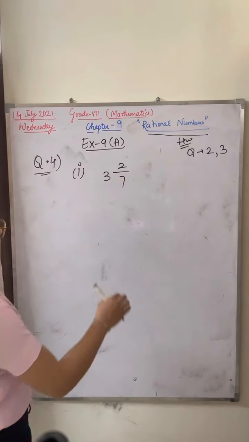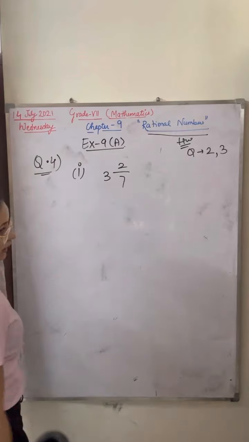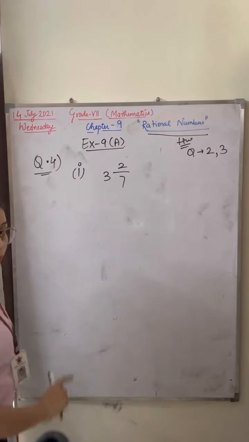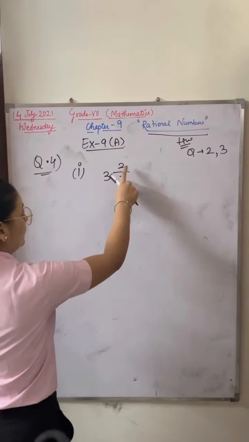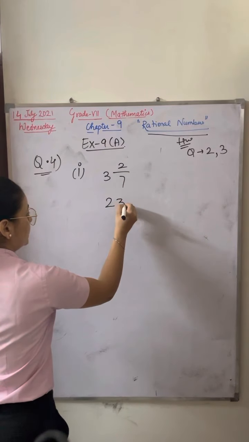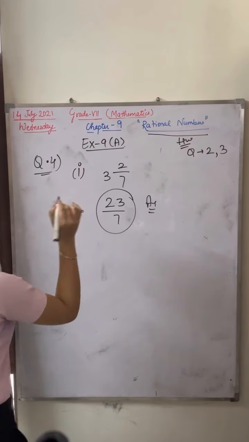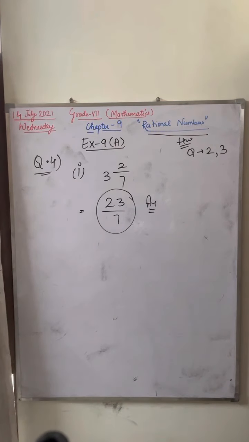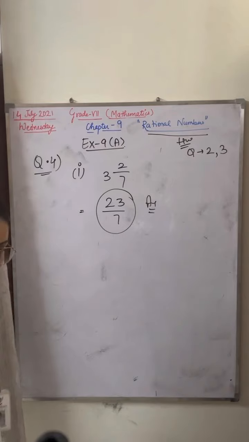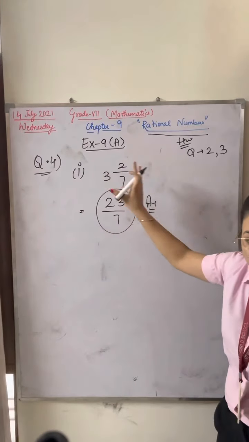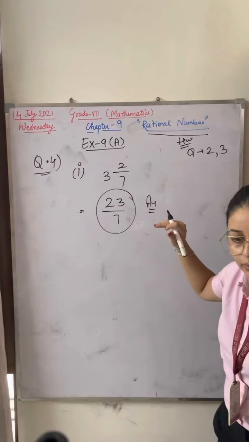Abhijot, very good, but the calculation is wrong. 3 sevens are 21. 21 plus 2, 23 by 7 is your answer. That's it. Easy? In the fourth question, all the parts are given in mixed fractions.